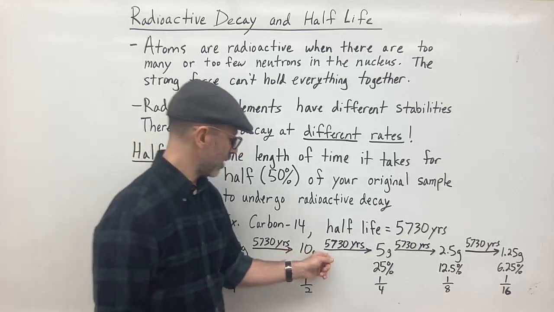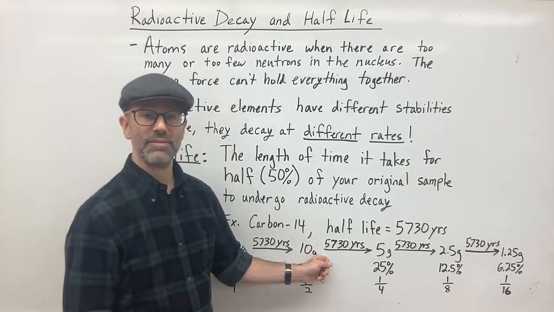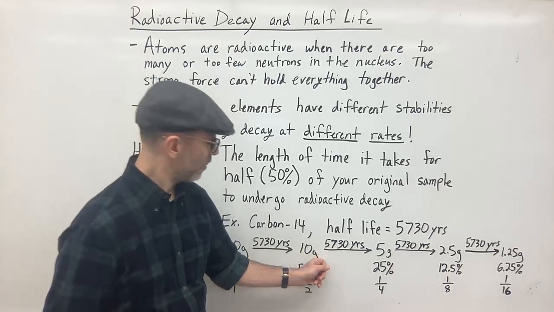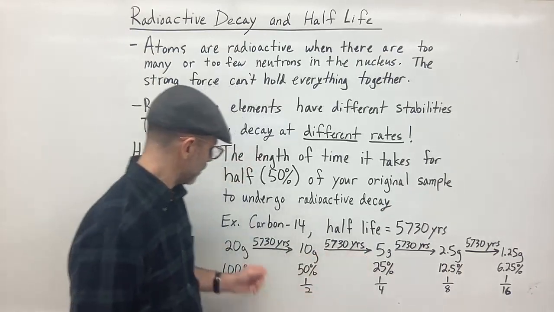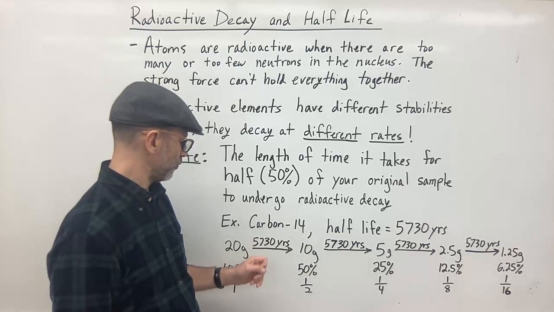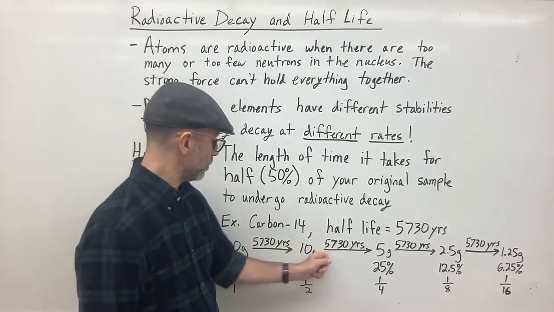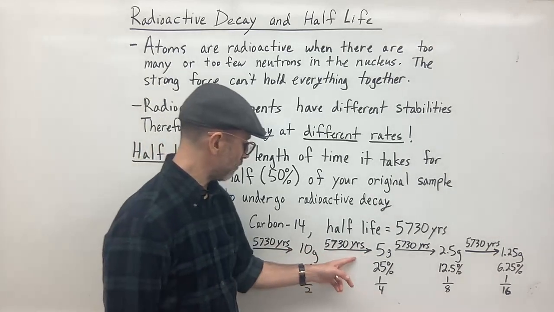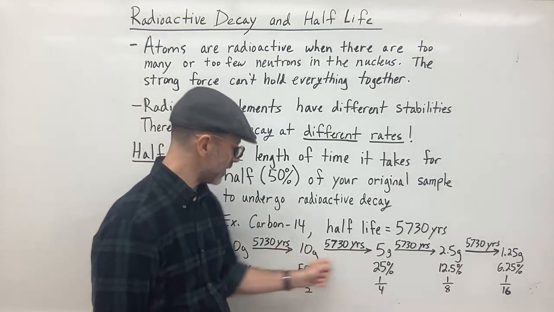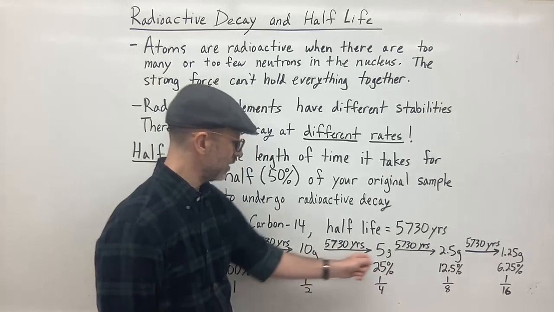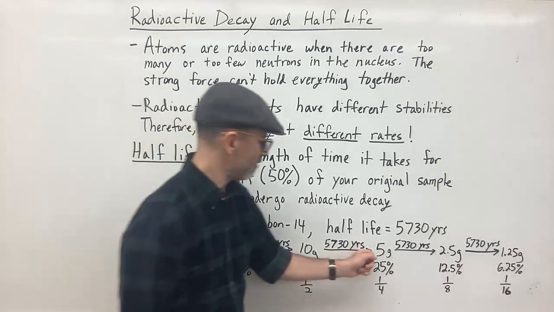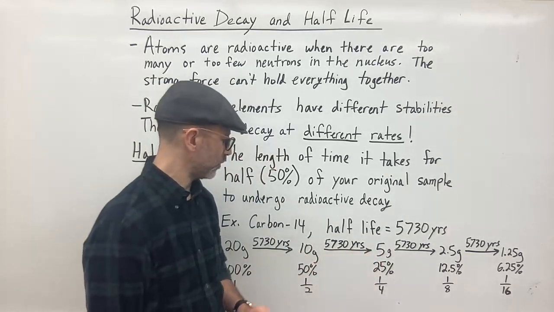After another half-life, so that's another 5,730 years that's going to go by, that's going to be a total of like 11,000 and something years or more. So here, another half-life goes by. I cut that sample in half. So I'm going from 10 to 5. So now I have half of that sample that's left.